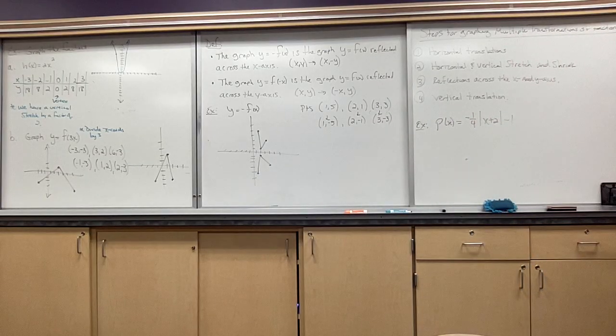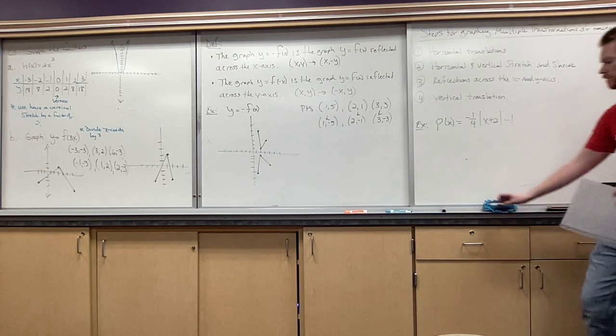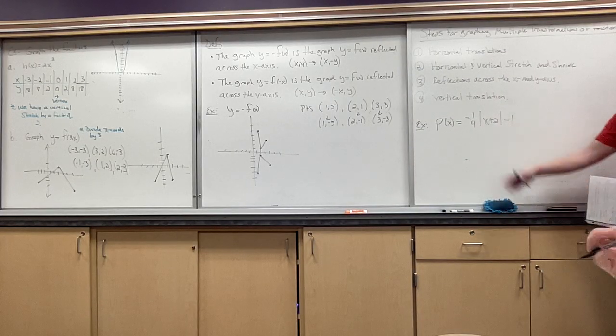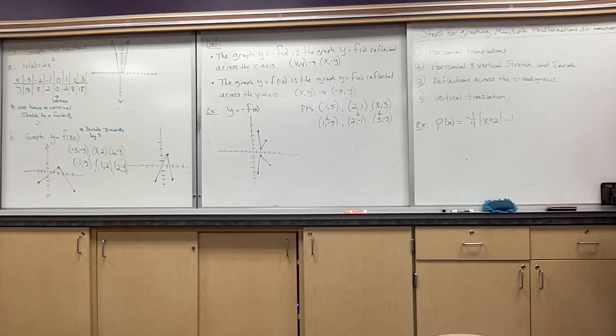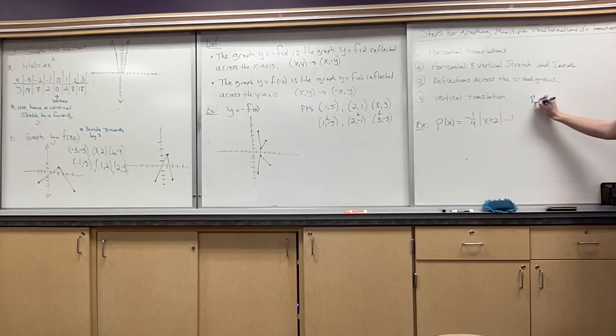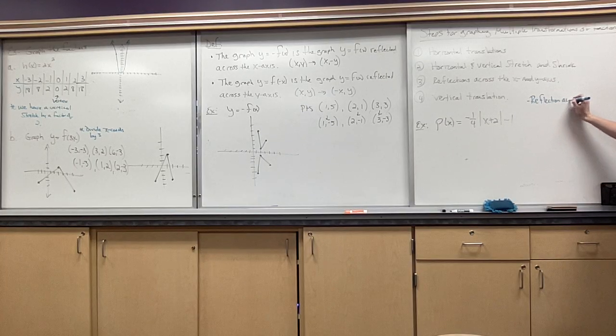Negative 1/4, absolute value of x plus 2, and then a negative 1 there. Let's just write down the transformations first of what's happening. I'm going to go left to right to figure these out. For the negative that's on the outside, I know that's a reflection across the x-axis.